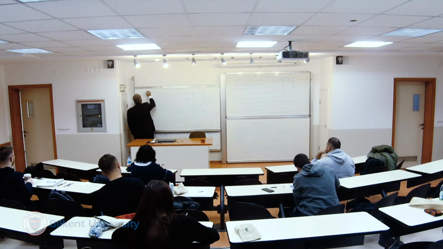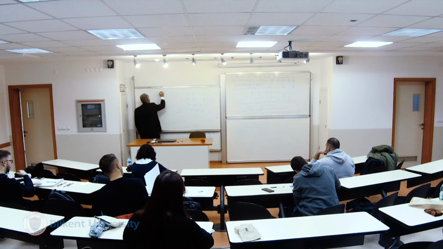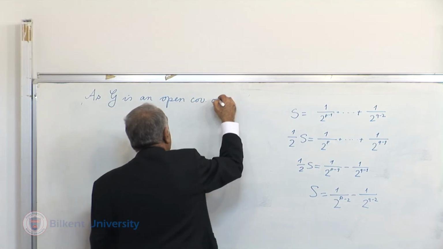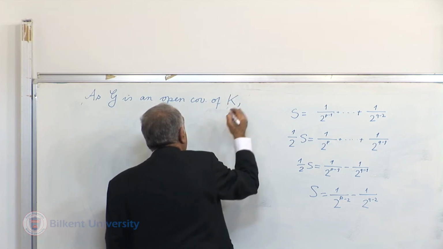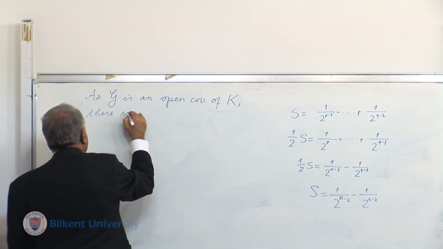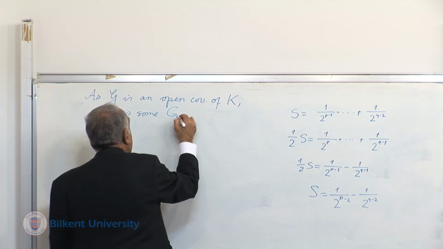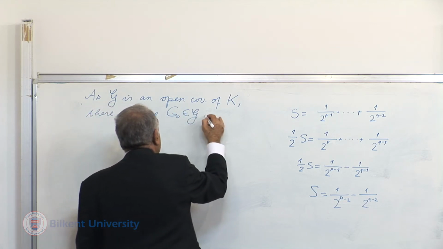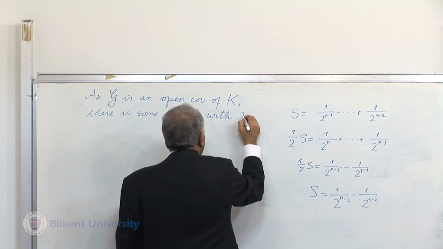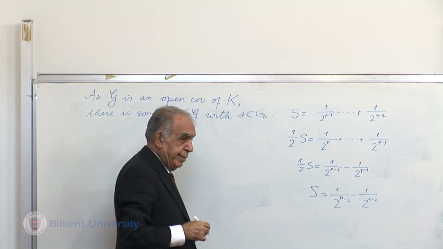Now, as script G is an open covering of K, there is some, say, G naught in script G with A in G naught.